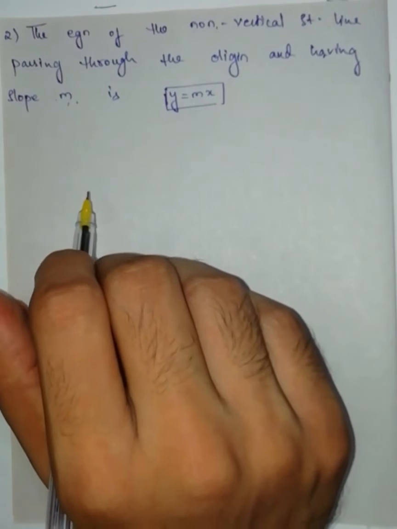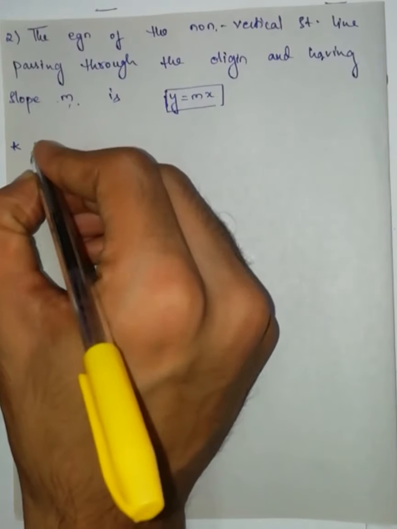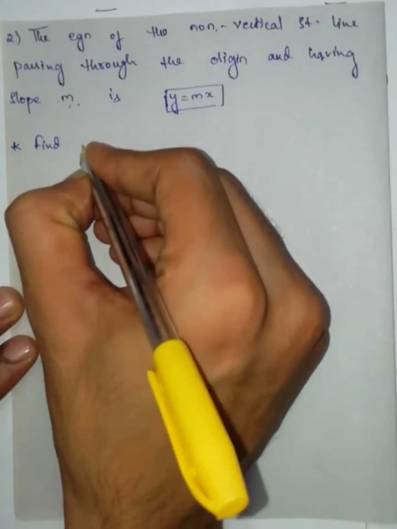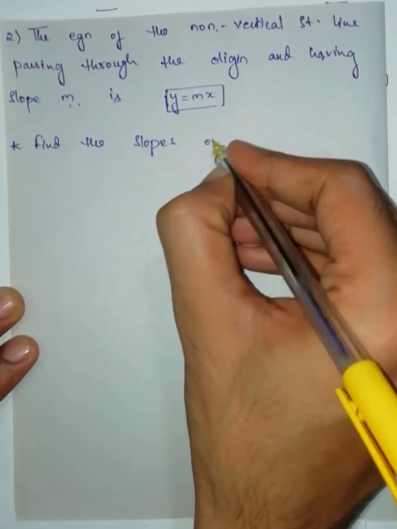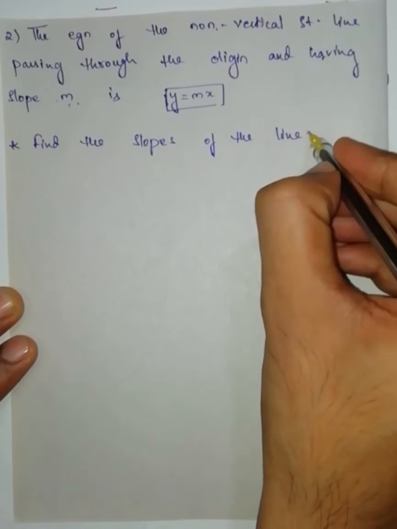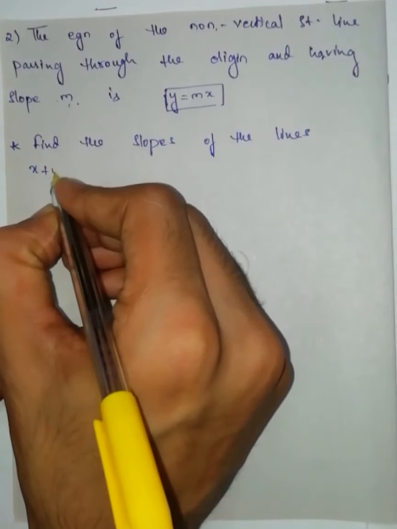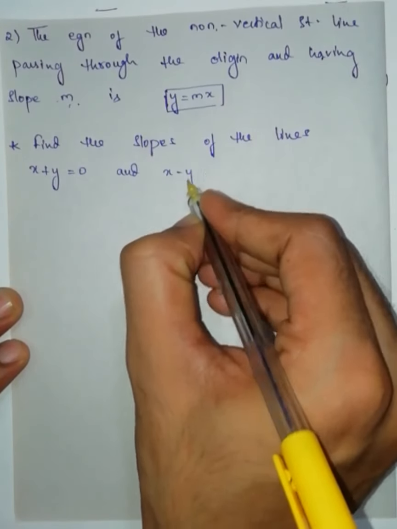Now let us discuss some of the problems. Find the slopes of the lines x plus y is equal to 0 and x minus y is equal to 0.